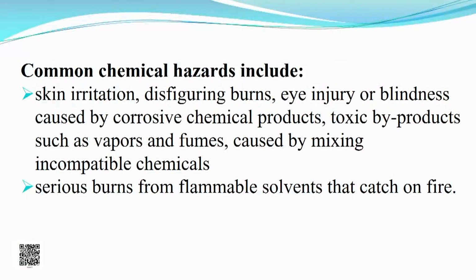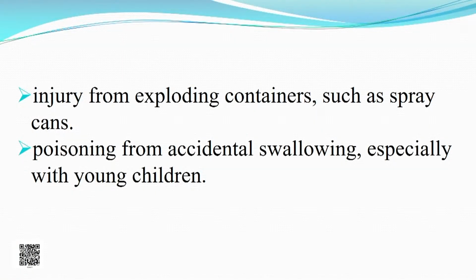So, common chemical hazards include skin irritation, disfiguring burns, eye injury or blindness caused by corrosive chemical products, toxic byproducts such as vapors and fumes caused by mixing incompatible chemicals, and serious burns from flammable solvents that catch on fire, injuries from exploding containers like spray cans, and poisoning from accidental swallowing, especially with young children.